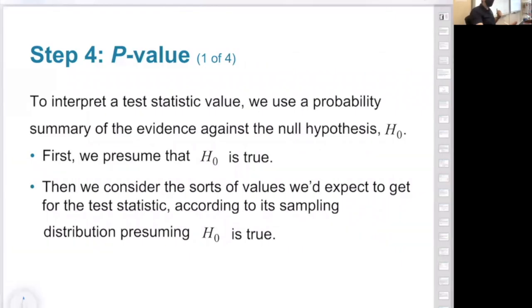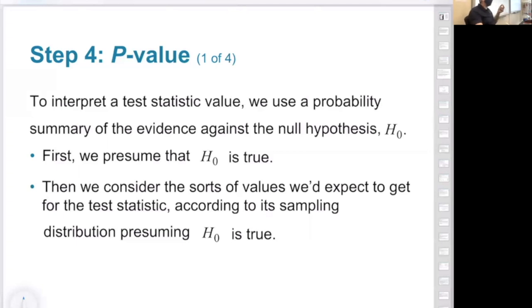Actually, we always assume that the null hypothesis is true until the p-value tells us something different. So again, we always assume that the null hypothesis is true, and this of course means the alternative is not, until the p-value lets us know or gives us evidence against H naught. How will we know that?